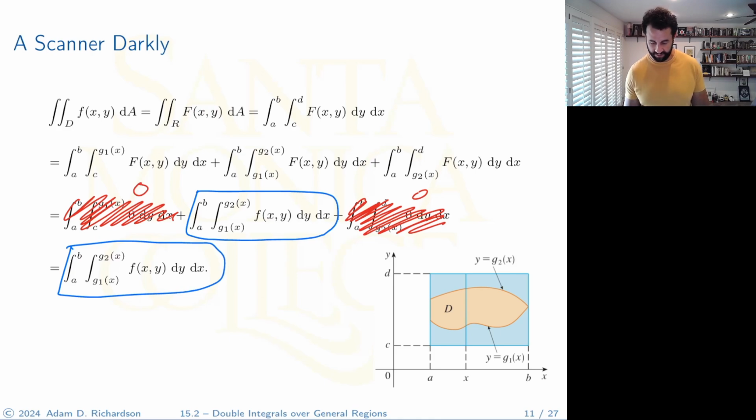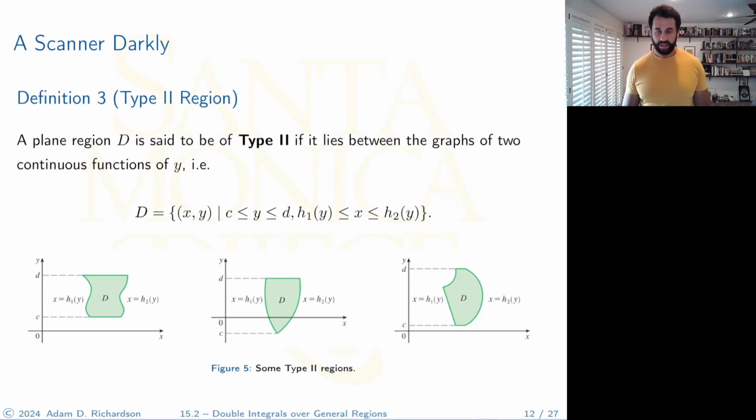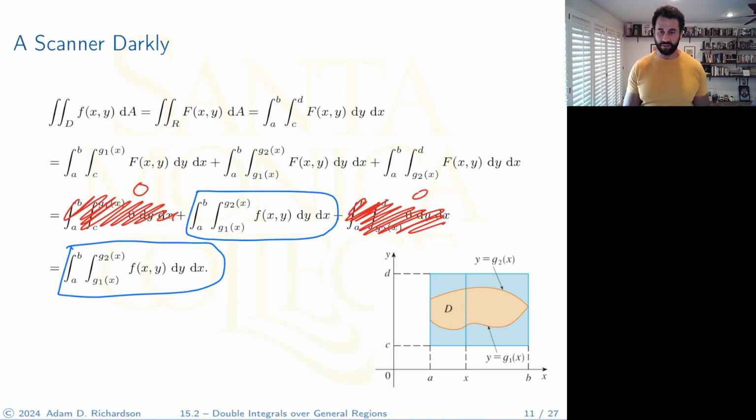Also, I want to point out that remember, capital F is equal to little f when you're on the region D. And this is exactly what we wanted. So long story short, Fubini's theorem lets us integrate the way that we would want to: integrate between two curves and then integrate between two numbers. Now I won't go into all of the technical details again, but this is basically how it works.